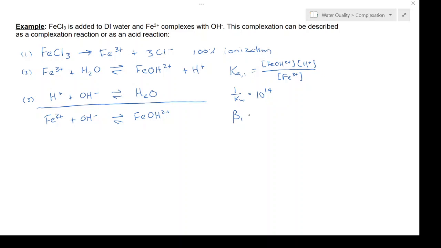And this one I looked up on a table of stability constants using the water chemistry book by Snoeyink and Jenkins. And so I have a value of 10 to the 11.84.